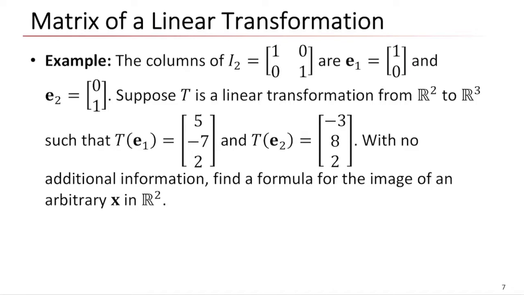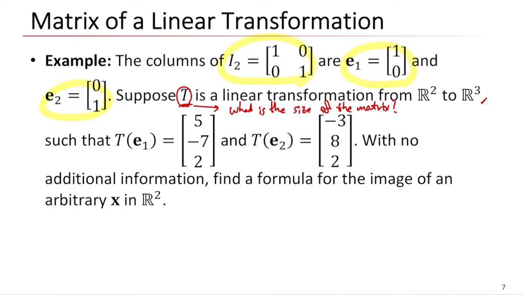Okay, here's another example. The columns of the identity matrix I2 are e1 and e2, right? Suppose T is a linear transformation from R2 to R3. First of all, what is the size of the matrix relevant to the transformation T?